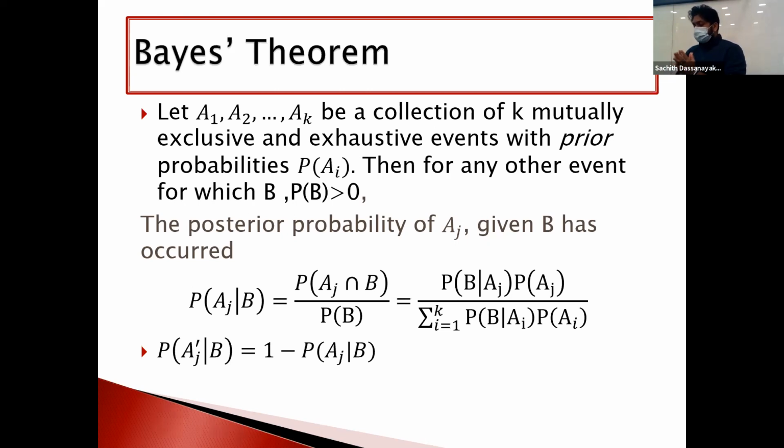If we have a particular event in our sample space, and we need to find the probabilities of partitions. Last time we talked, we have a partition space, something like the Ai's. So on top of that, we have an event, so we find the probability of that event. Right now, if we have an event, on top of that we have some partitions. Same thing, but in a different way.